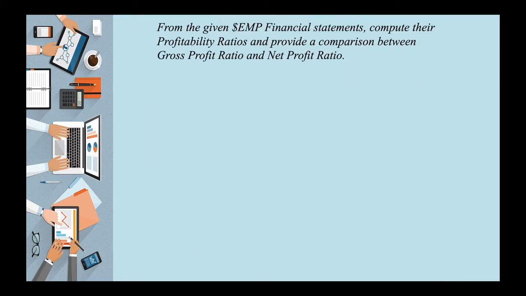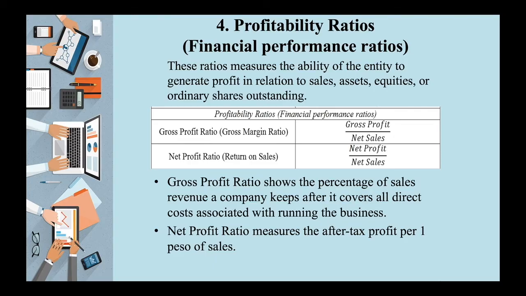So let's have an example. From the given EMP financial statements, or the Emperador financial statements, complete their profitability ratios and provide a comparison between gross profit ratio and net profit ratio. So again, let's repeat: gross profit ratio is gross profit over net sales.